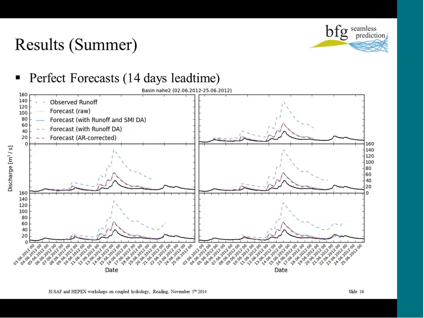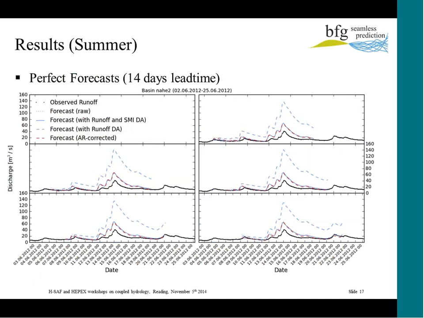So again, some forecasts. And there are two things wrong in this figure. One thing is those two labels should change their place. This one is without soil moisture index, this one is with soil moisture index. And the other thing is the scaling.